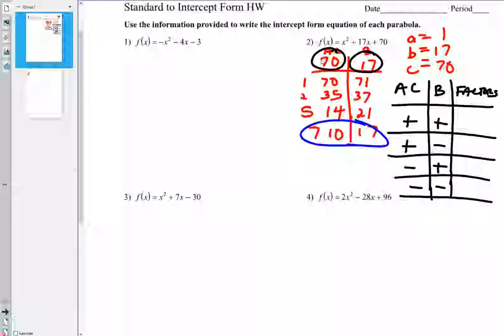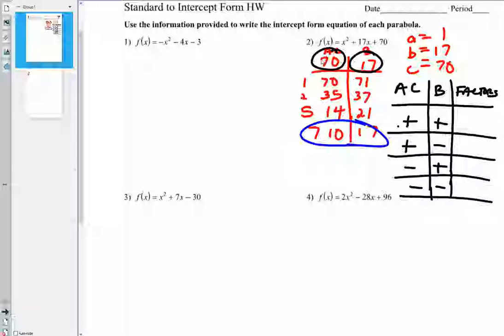So when I multiply two numbers and get a positive, there are two ways that can occur. If AC is a multiplication column, how can I multiply two numbers and get a positive? Positive, positive, and negative, negative. But I know that at the same time I have to add up and get a positive.